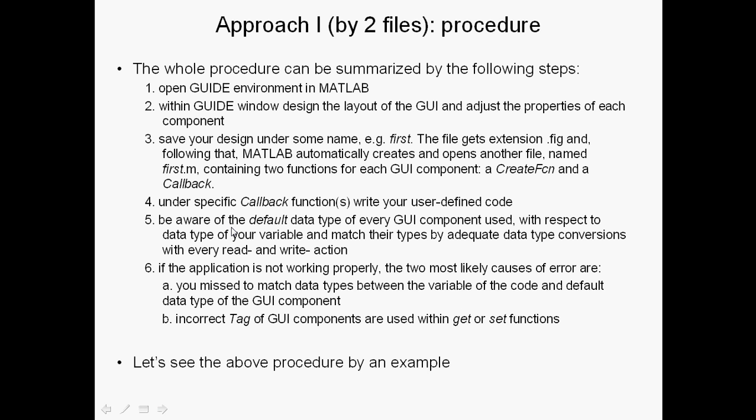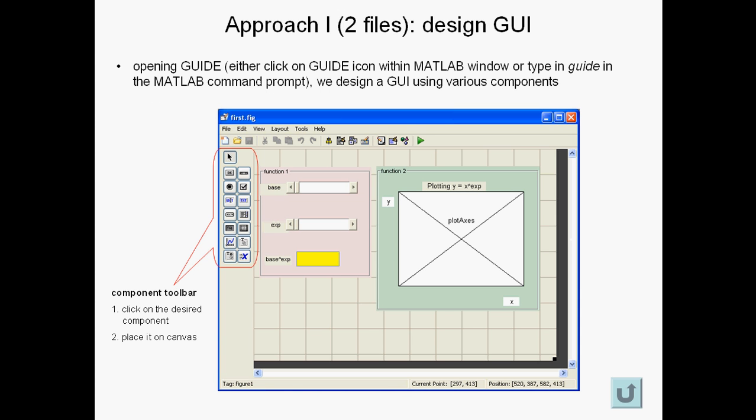Let's see the above procedure on one simple example. So after opening the guide, as I just showed, we design a GUI using various components. We see this toolbar on the left, and for the sake of this example, I just created a calculation of two functions here.